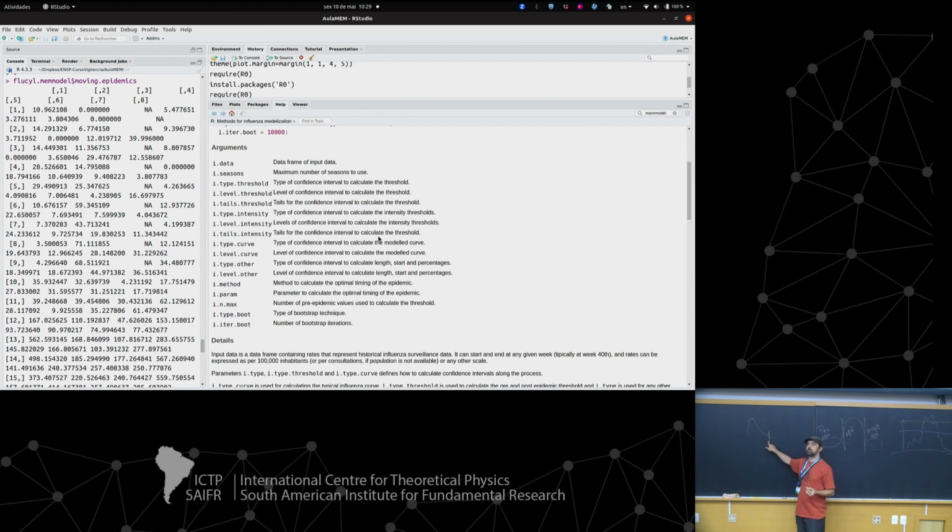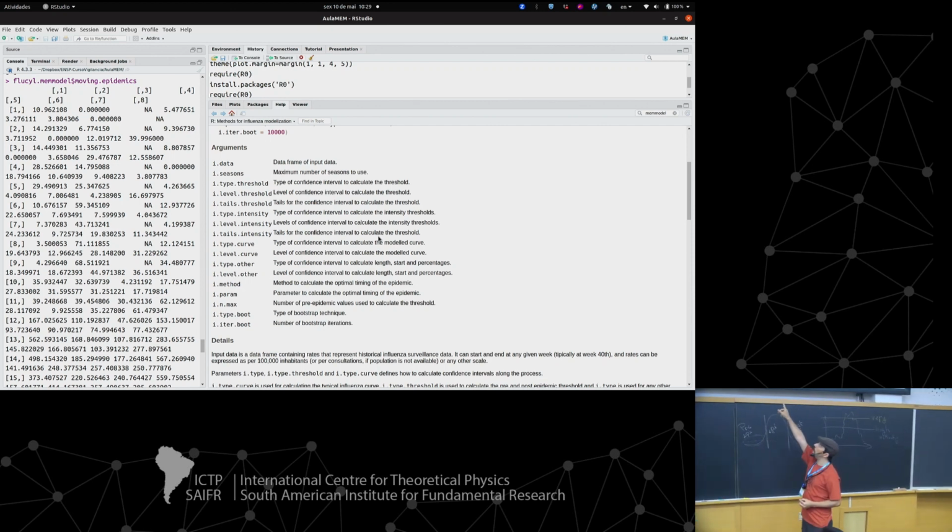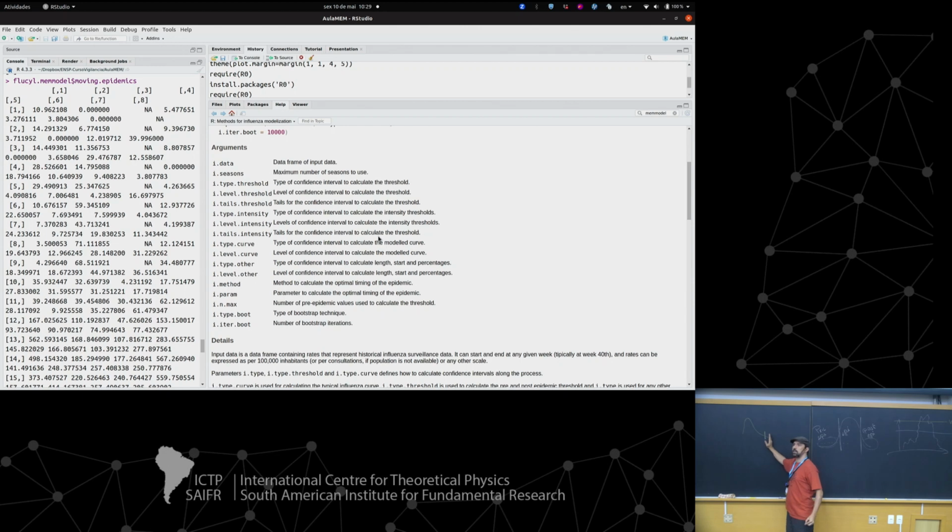It's up to you, and it's controlled by that parameter, i.level.threshold. It's where you want to put your barrier here. So how much of an outlier you want it to be from your distribution of pre-epidemic observations to set your pre-epidemic threshold, okay?